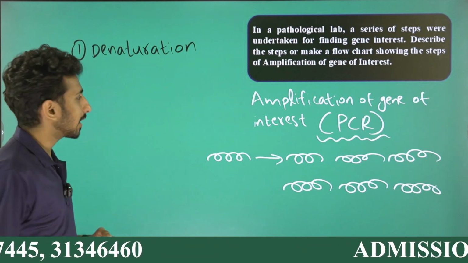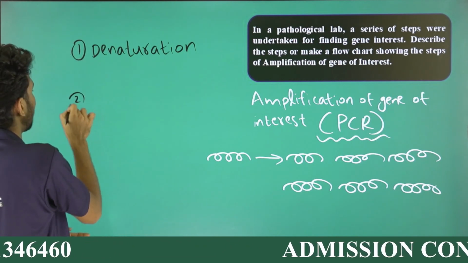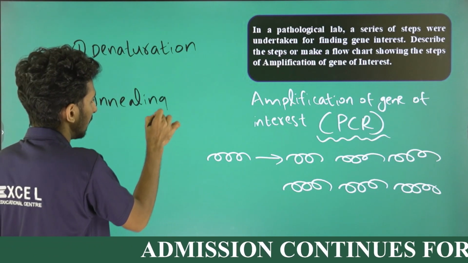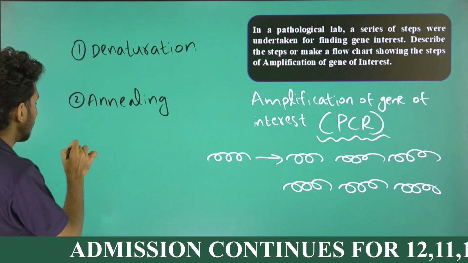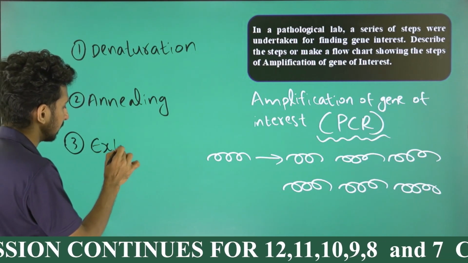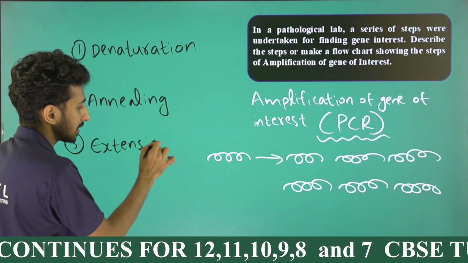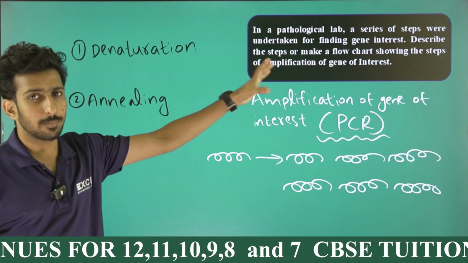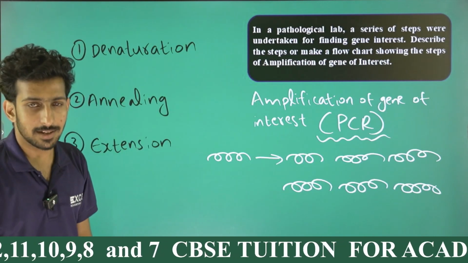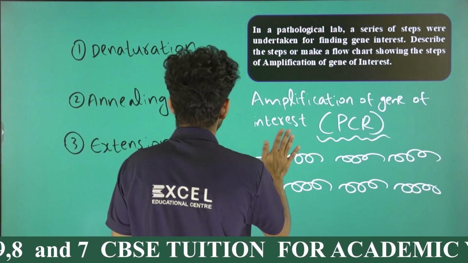Second step is annealing. Third step is extension. Denaturation, annealing, extension. Okay, now I am going to explain the steps.